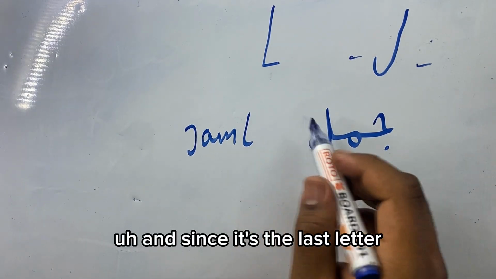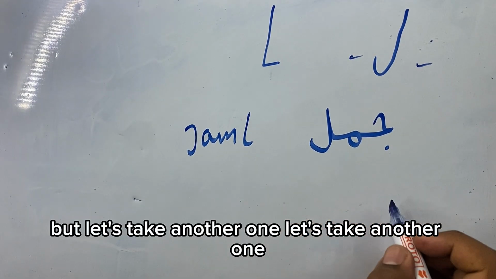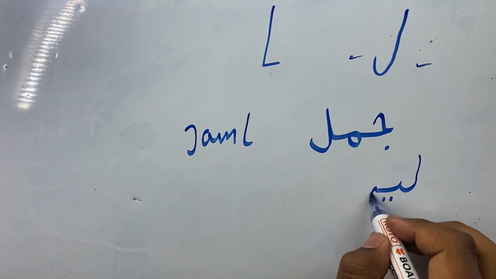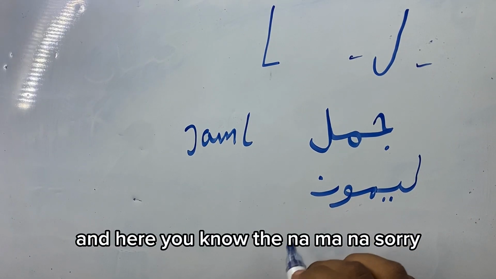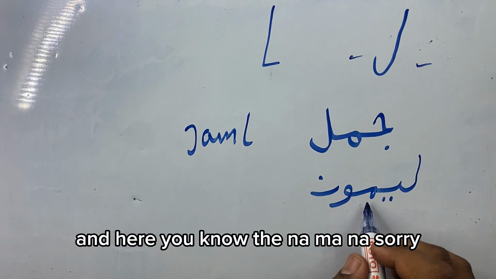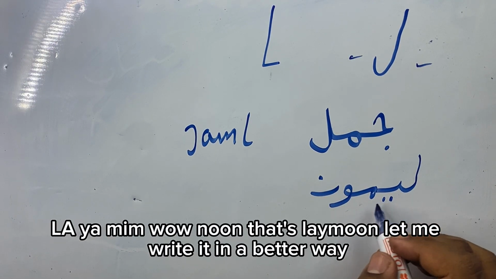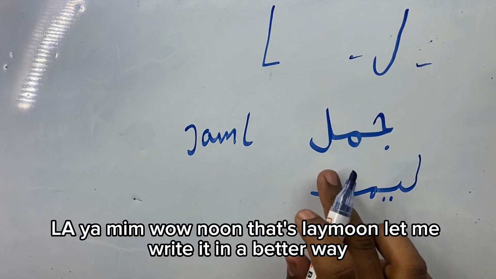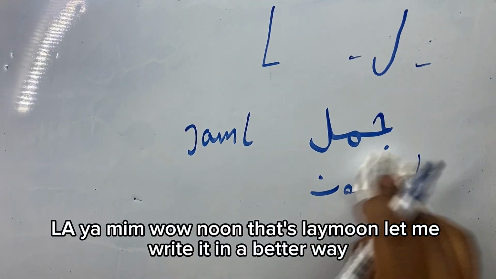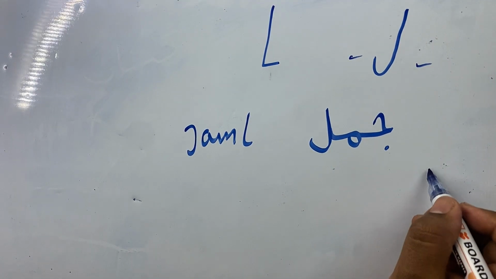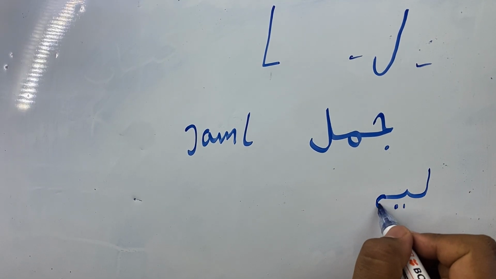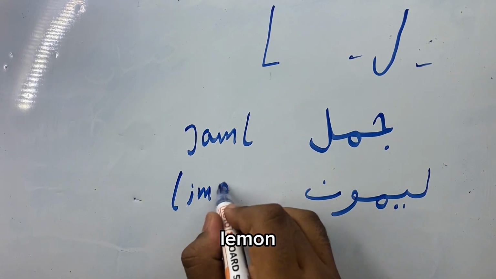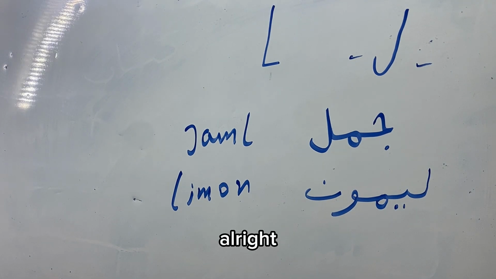And since it's the last letter, there's nothing after it. But let's take another one. Here, you know the letters: la, ya, meem, waw, nun. That's laymun. Let me write it in a better way. Lemon.